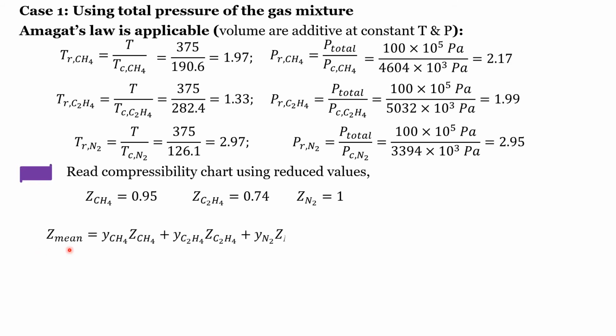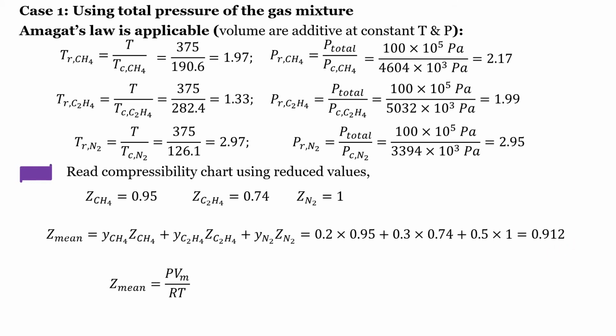Now we can estimate the mean compressibility factor because we have estimated the compressibility factor of individual components and their mole fractions are already given in the problem. Now after putting all values, we will get compressibility factor Z equal to 0.912.